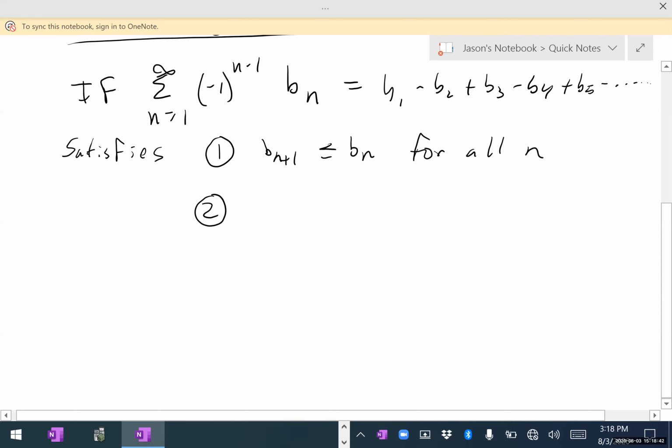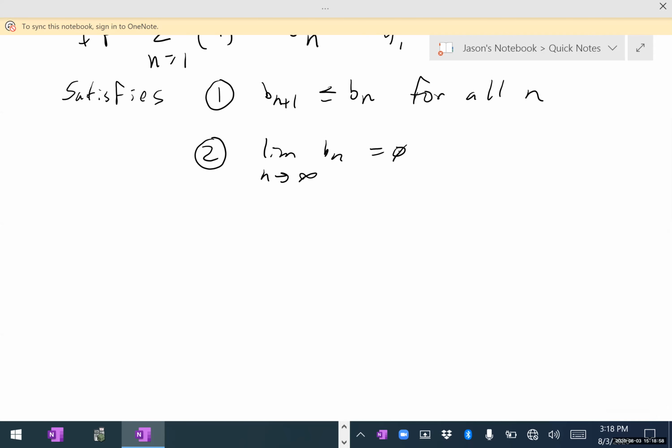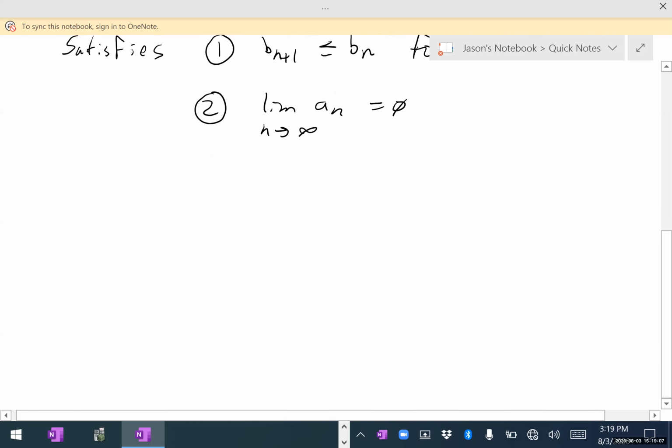Number two, the limit as n goes to infinity of b_n is equal to 0, the nth term test. If the nth term goes to 0 and the terms are decreasing, then the series is convergent.